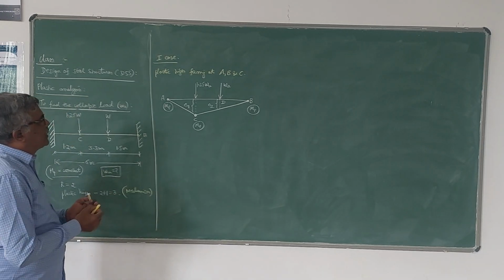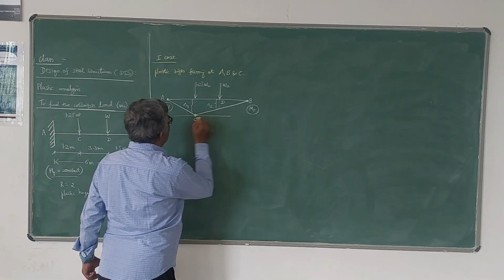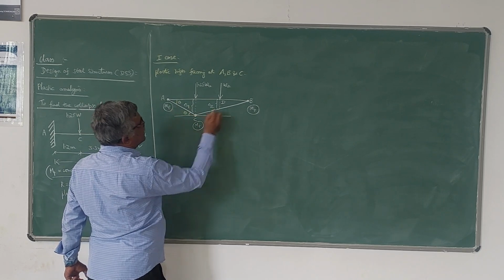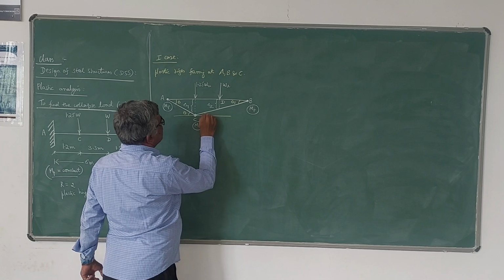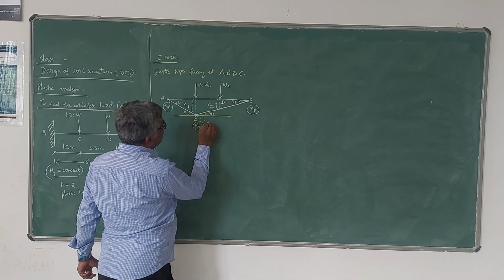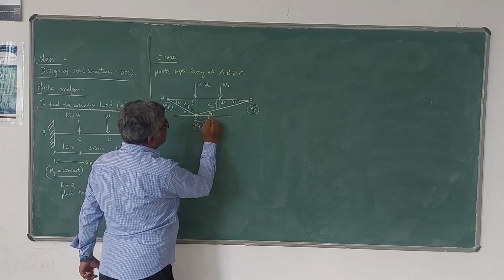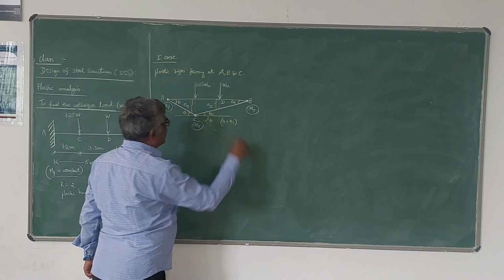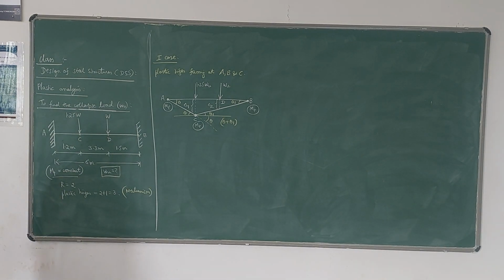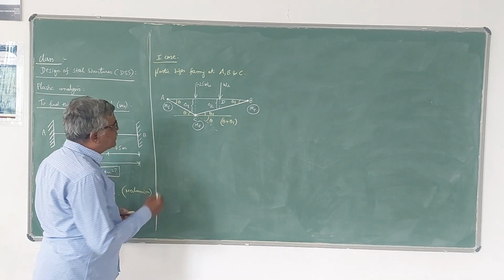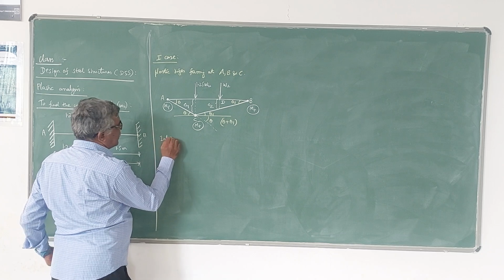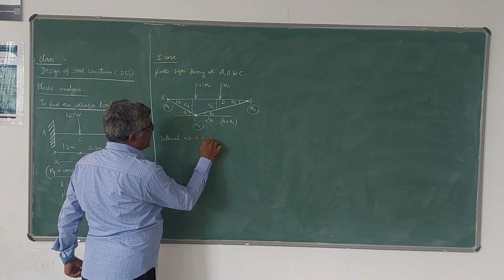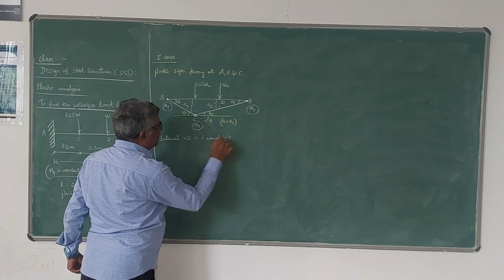Coming to the slopes or rotations, here it is theta, here also it is theta, here it is theta 1, here it is theta 1. If we extend this, it becomes theta. So the total rotation at C will be theta plus theta 1. Now if I write that equation, internal work done is equal to external work done.